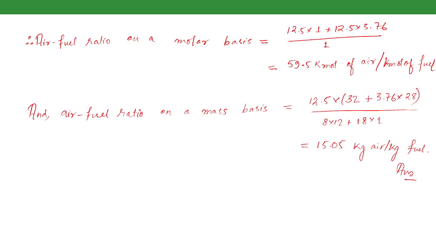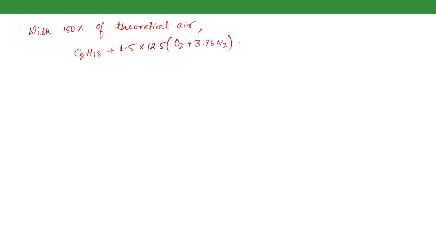Now with 150% theoretical air, if we do the conversion, that is 50% of excess, that is 1.5 times 12.5 oxygen plus 3.76 nitrogen, that will give B carbon dioxide plus C water plus D nitrogen plus E oxygen.